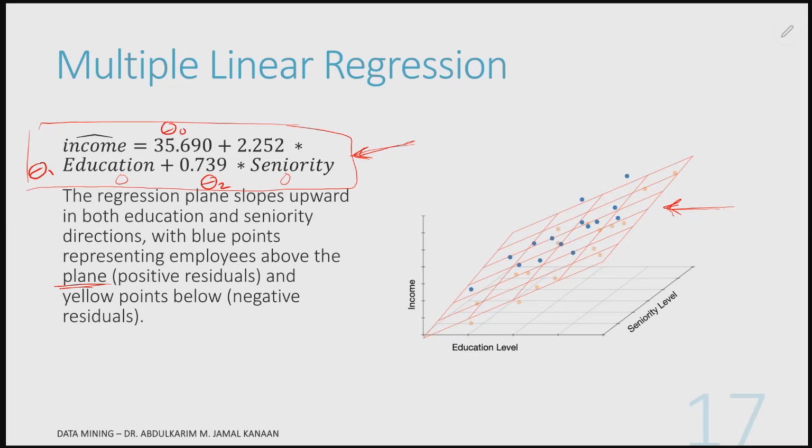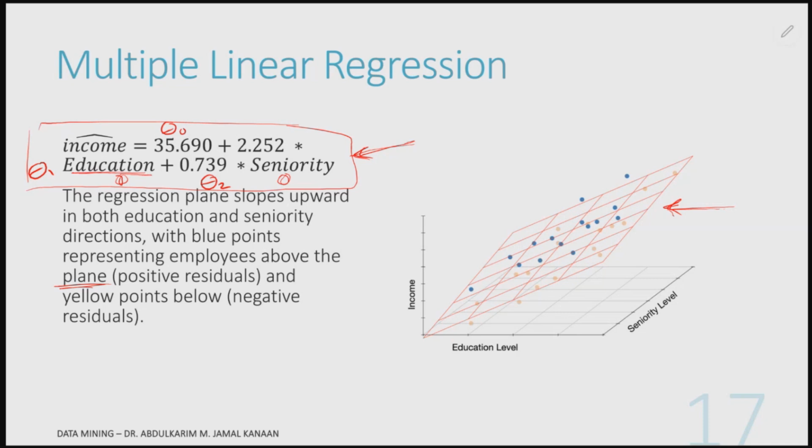So we can say the minimum income in this case is 35.69 on average, considering education and seniority 0, 0. If education is 0 and seniority is also 0, the minimum income is 35.69 on average. Now, how about education? You need to understand this is a real context, so you are talking about insights from real data.